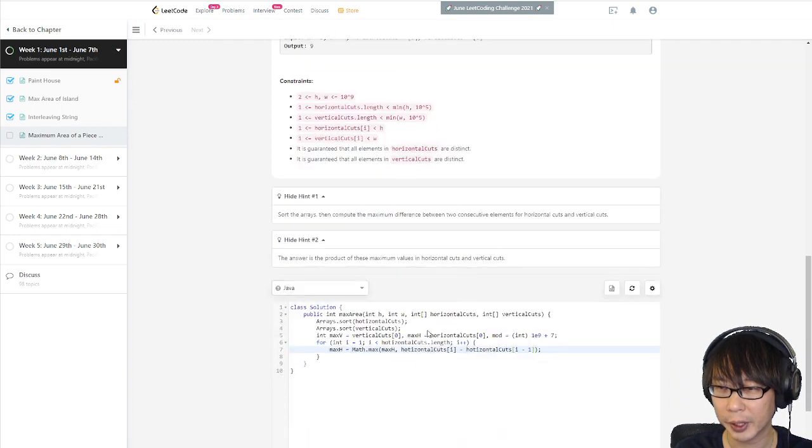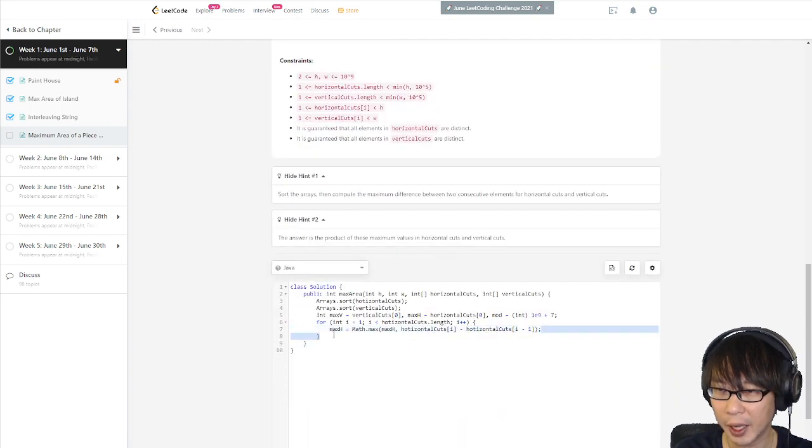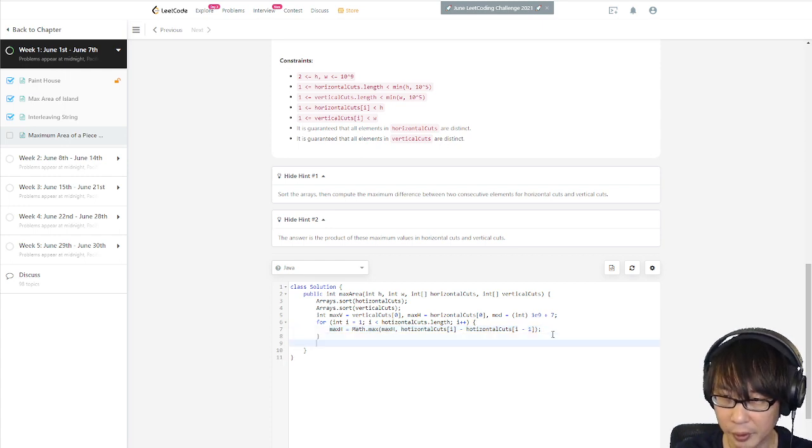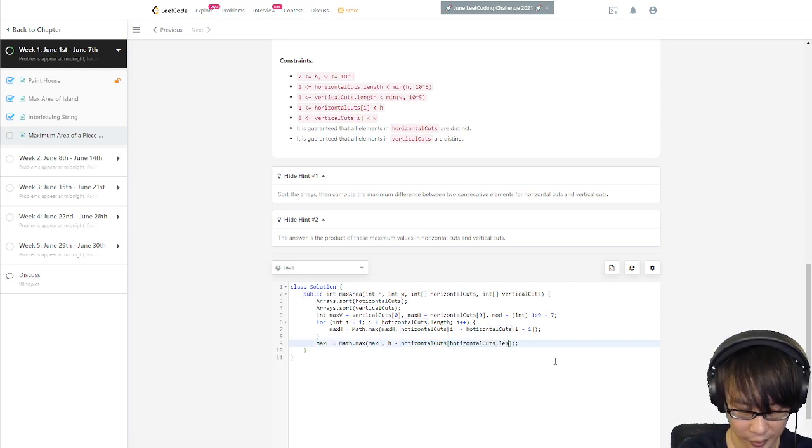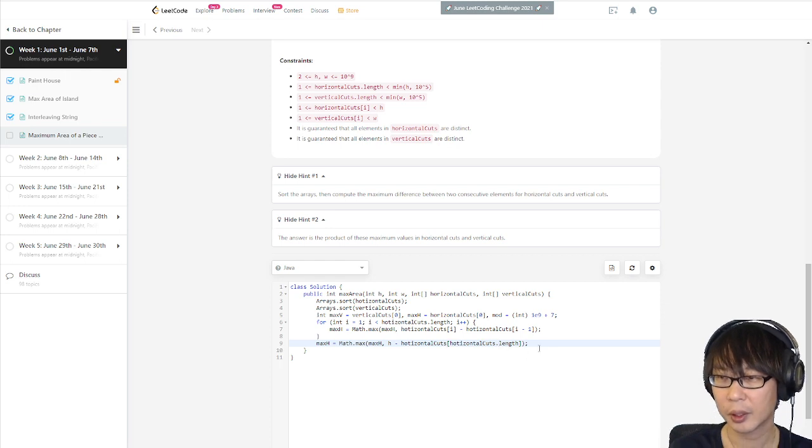So after that, I am going to do this equals to h minus horizontal cuts last minus 1.